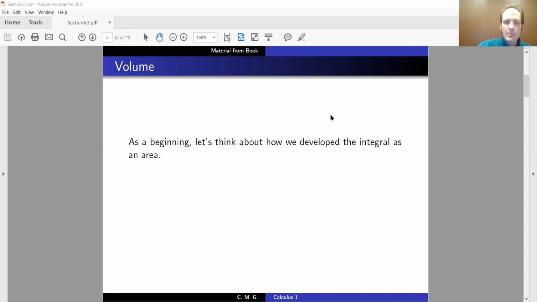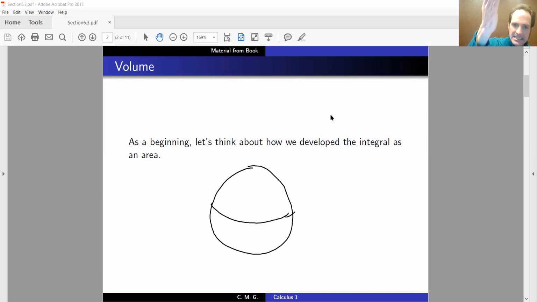And so what I might start with is, hey, we potentially have a sphere. If I think about a sphere, and I think about taking my knife or my pastry cutter or whatever it is, and I slide it into this object, I cut it and I pull it out.